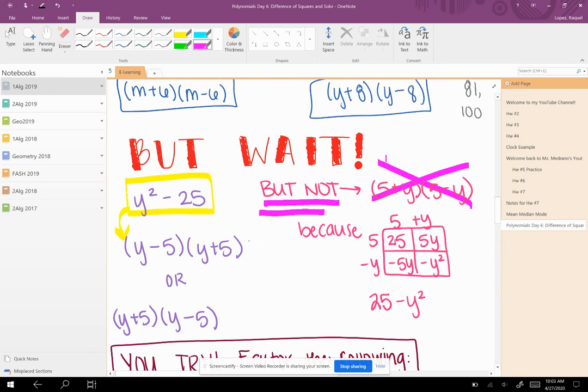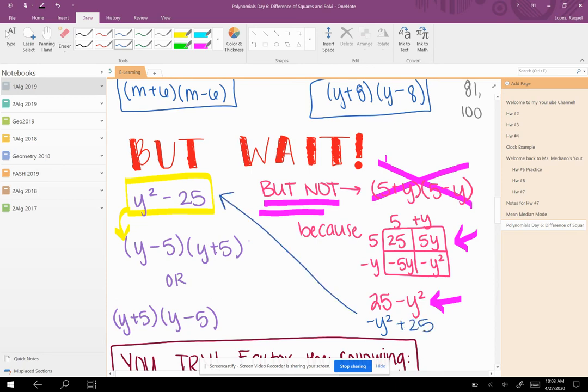If I take 5 plus y and 5 minus y and I multiply it, because this is how we can check our answers, right? And we multiply it back out, I end up with an expression that's 25 minus y squared. And that's not what we started off with, okay? Because if I rewrite that expression in pink, that's basically negative y squared plus 25.